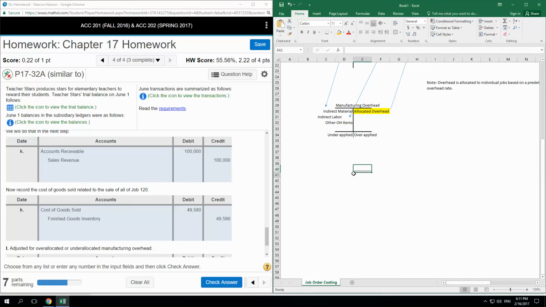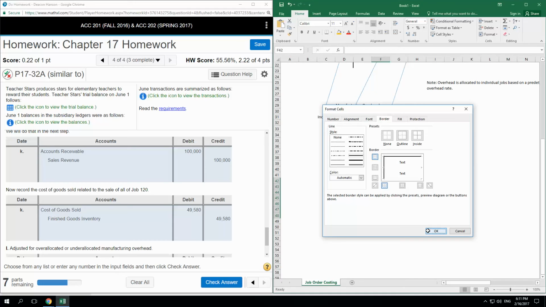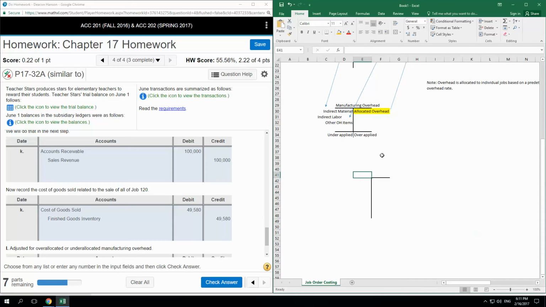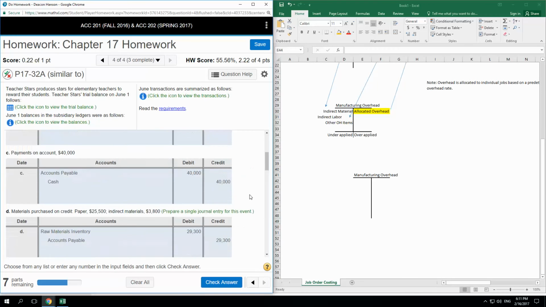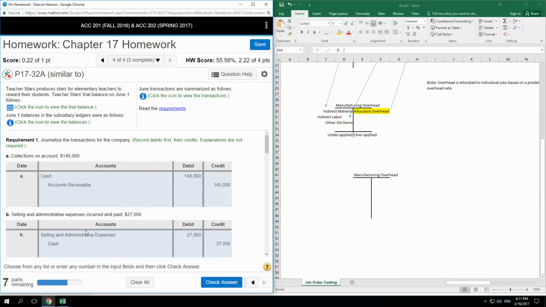So we might as well make a fresh one here and put in the numbers. We'll call this the manufacturing overhead. We have to go back up and take a look at each instance where we made a booking to overhead.